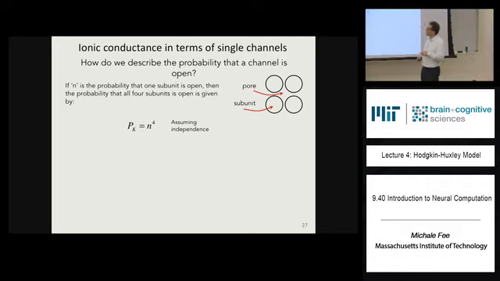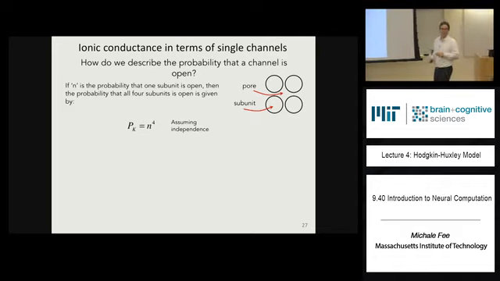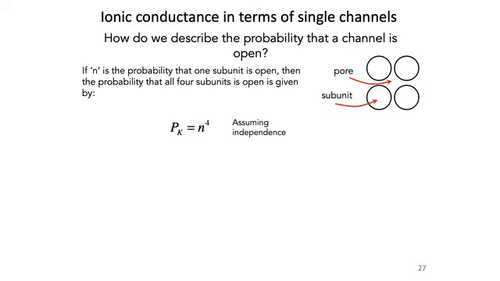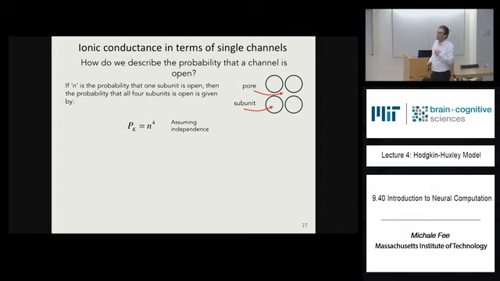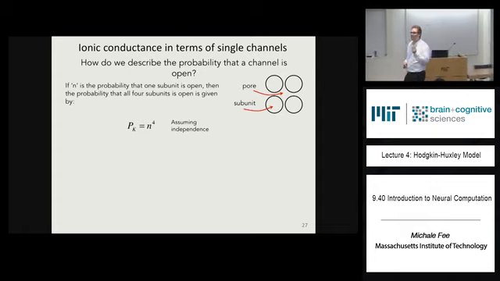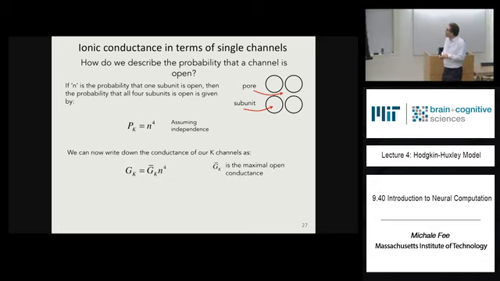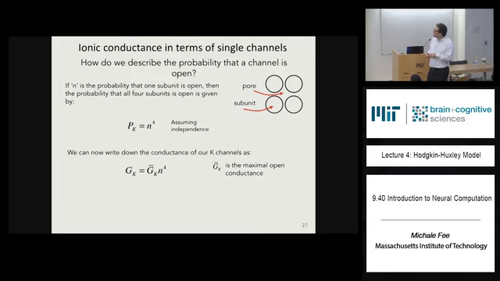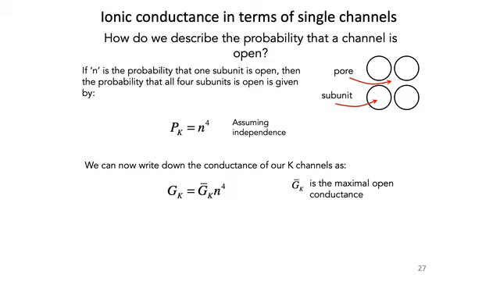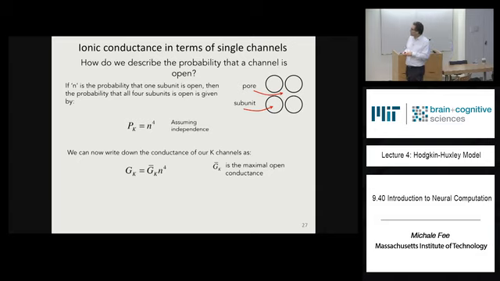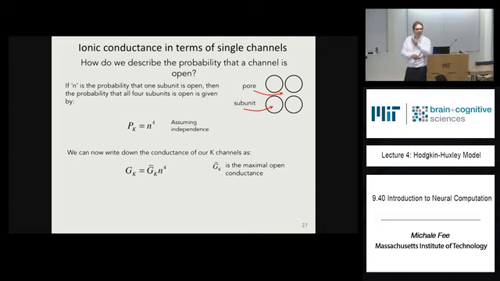Okay? That's an important thing for you to remember. That assumes that those 4 subunits are independent. Okay? And in potassium channels, that's a very good approximation. So we can now write down the conductance of our potassium channel as something times n to the 4, where that something is the conductance of one ion channel. Okay?